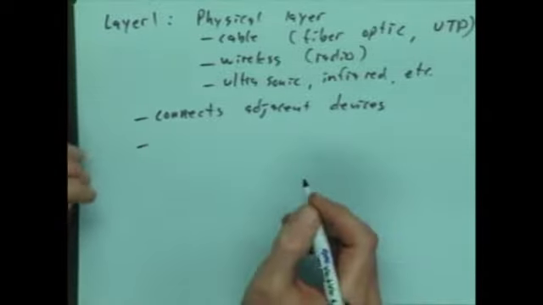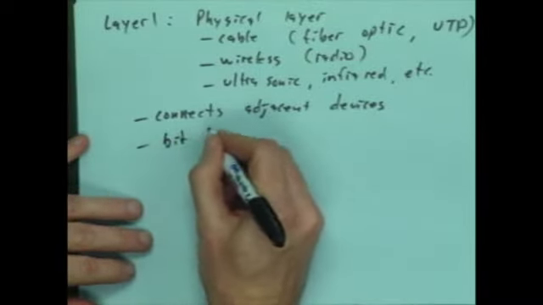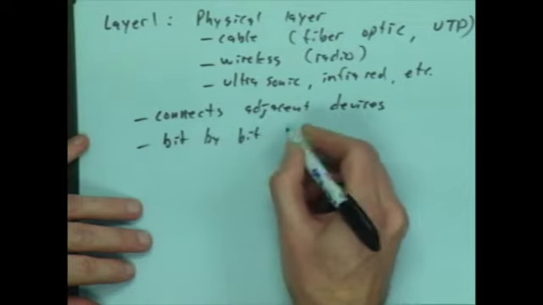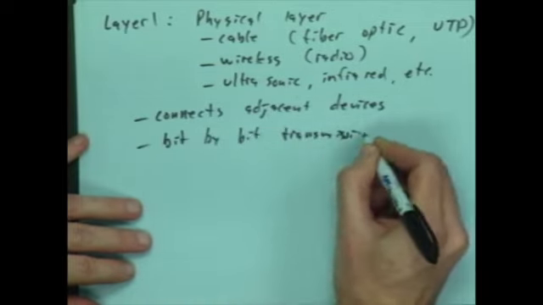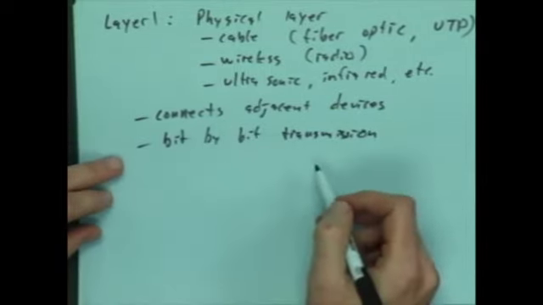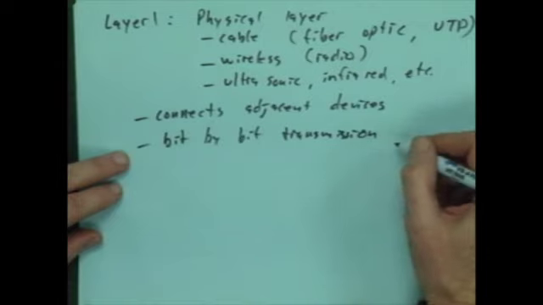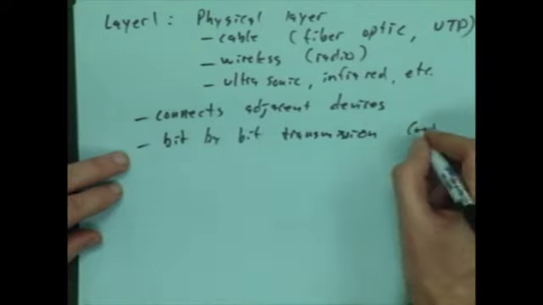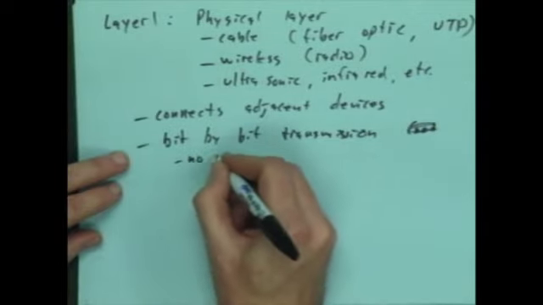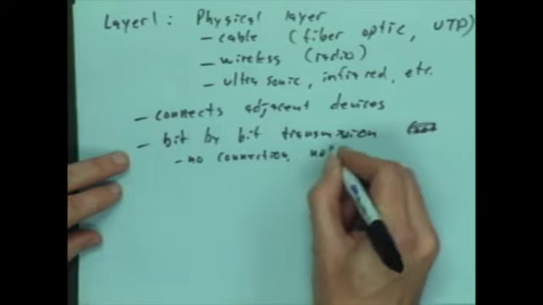I'll tell you this too. These handle bit by bit transmission. Okay? So at the physical layer, it's just one bit at a time. You guys remember our protocols? There is not going to be a connection, and it's not reliable.